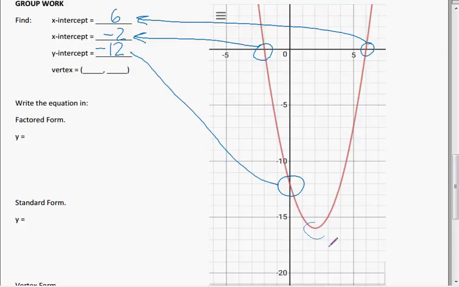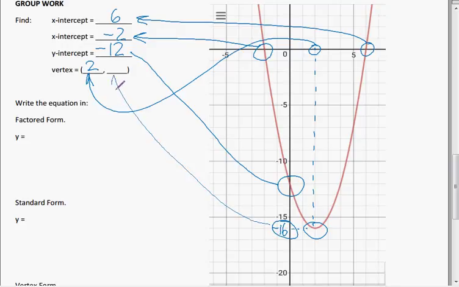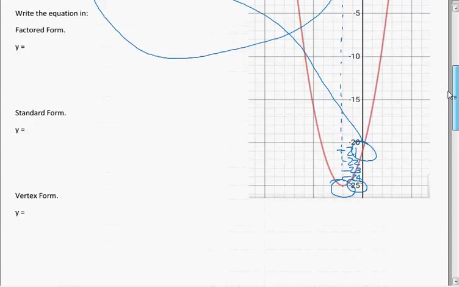And my vertex is 2, -16. Okay, good. Let's go back now.